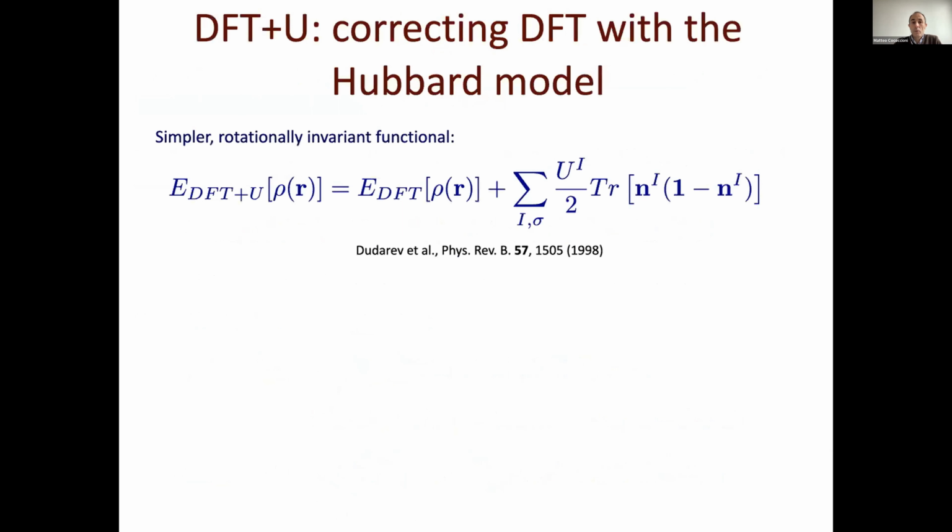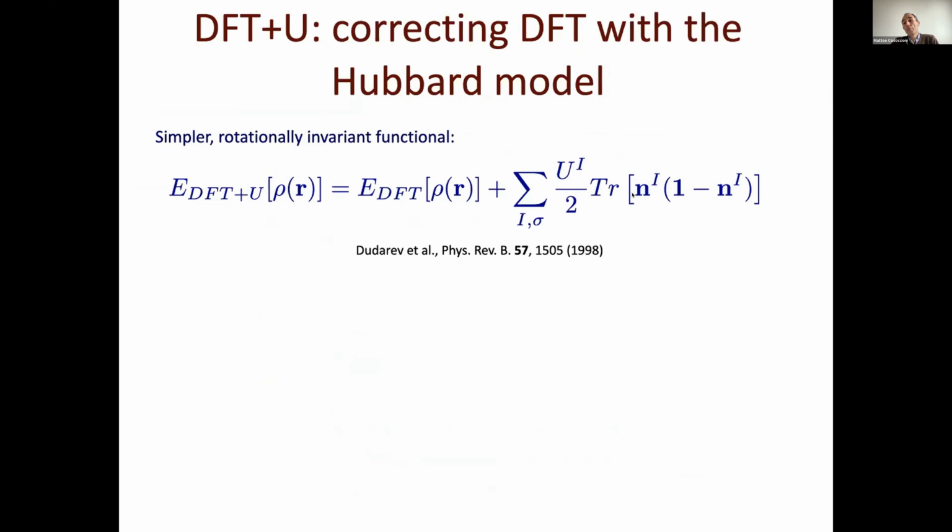Now, we will focus on a simpler expression that was also introduced yesterday by Professor Mazzari, which is due to Dudarev and goes back to '98, given in this formula here, where we have the U, still the Hubbard U, representing the interaction between electrons on the same Hubbard site, times the trace of Ni (1 minus Ni).